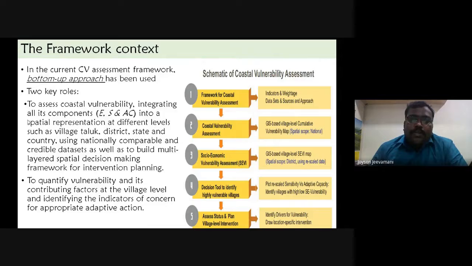And the second one is to quantify the vulnerability and also to assess what are the contributing factors which increase the vulnerability. That can be assessed from this framework. So with these two roles, this framework has its own context.